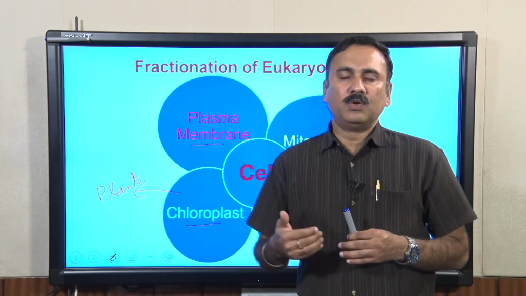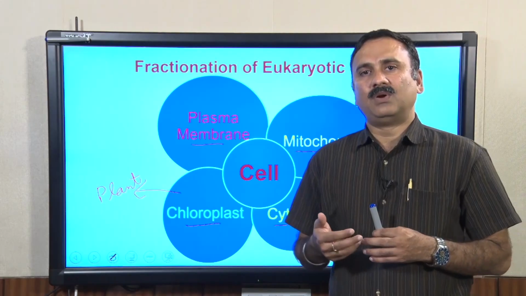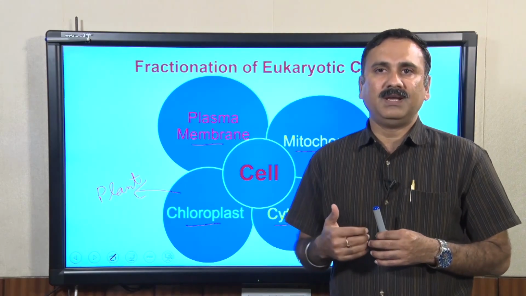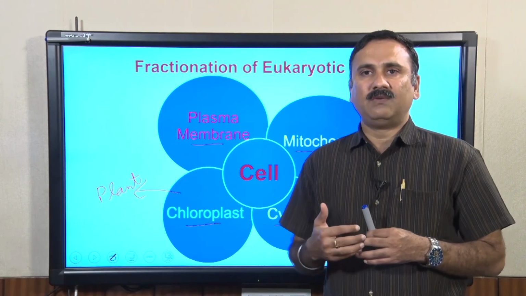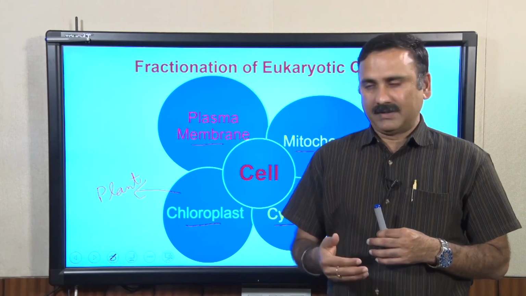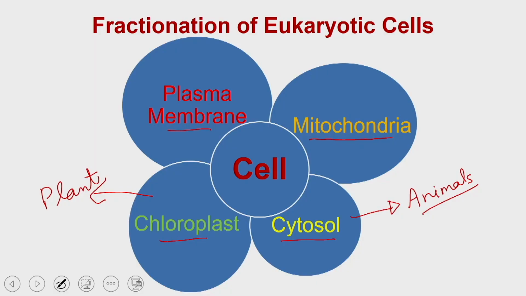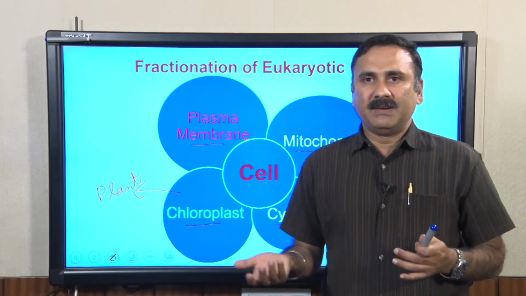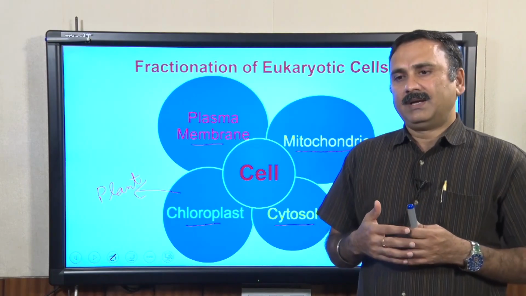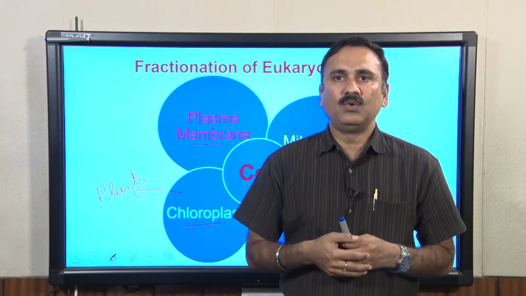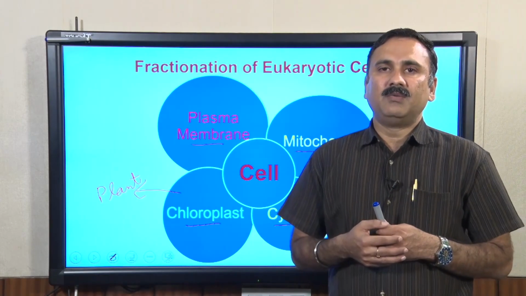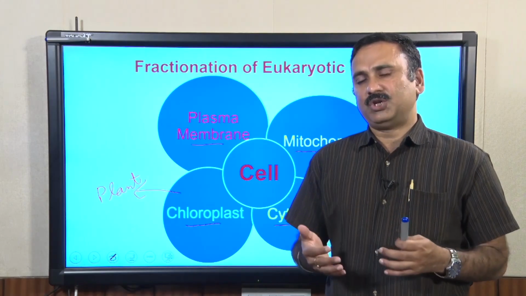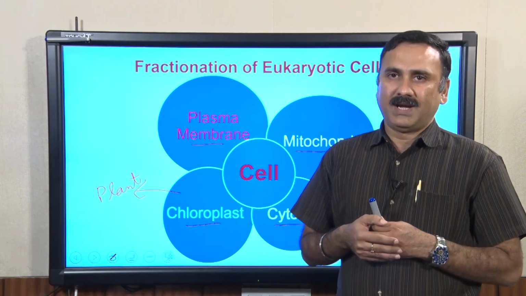That also helps in downstream processing and makes the purification of these proteins simpler. Before getting into the details of how to fractionate the eukaryotic cell and how to use them, let us see what technical tools are available to achieve the organellar separations from eukaryotic cells.